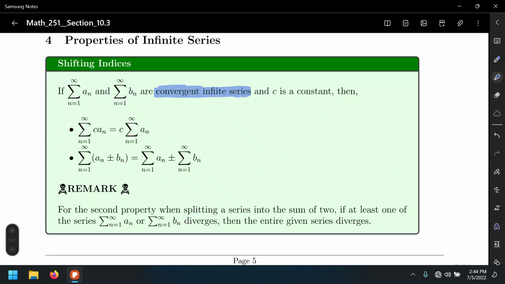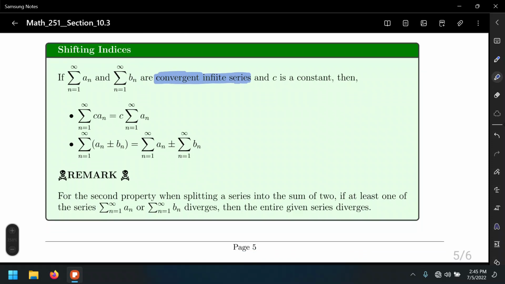On the one hand, we can find the value of the infinite sum and multiply that value of the series by some constant c. That's our first property. Or we can add or subtract the values of the series. That is, the series of a sum of sequences is the same as the sum of the 2 series.